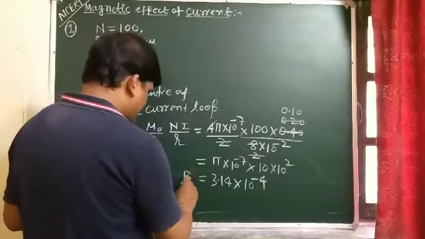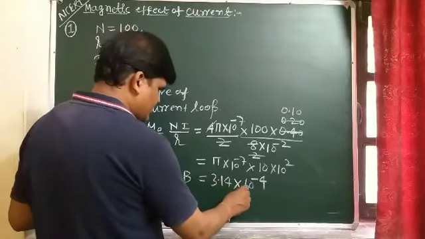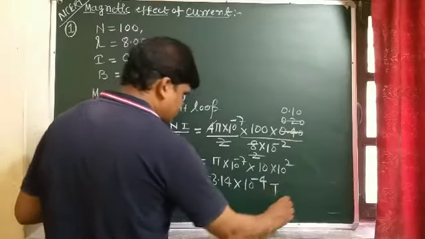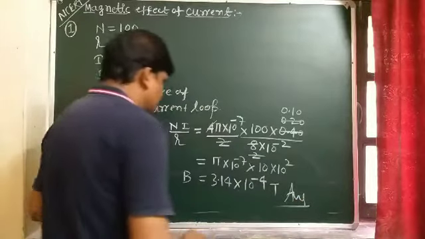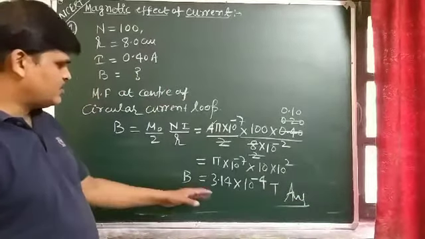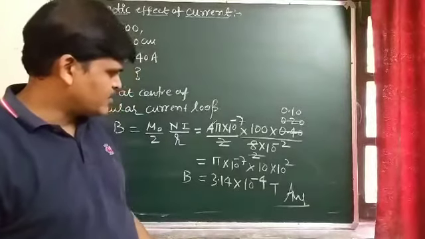So magnetic field B equal to 3.14 into 10 to the power minus 4 Tesla. This is the answer.